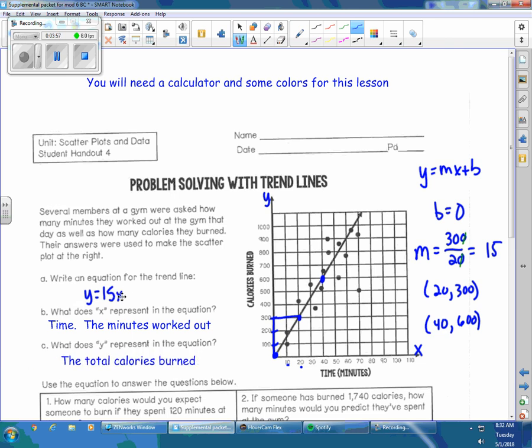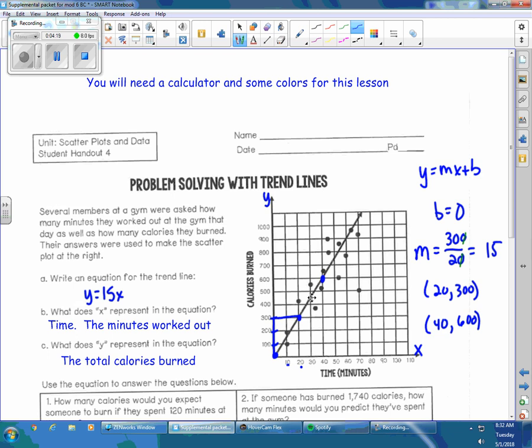So again, I can plug in any x, and using this equation, the y should fall on this line. I hope that makes sense. And we can actually even try it. Why don't we put in 30? Y equals 15 times 30. So grab your calculator. 15 times 30 is 450.